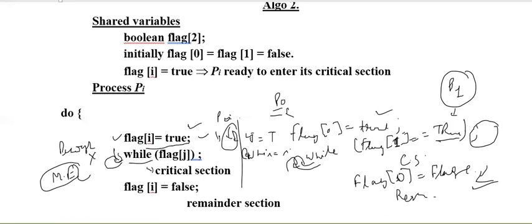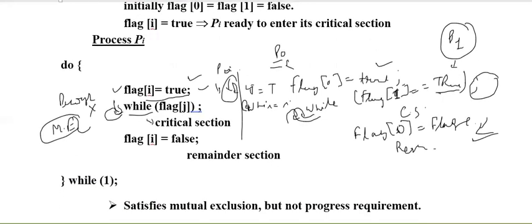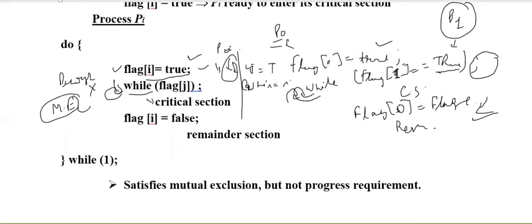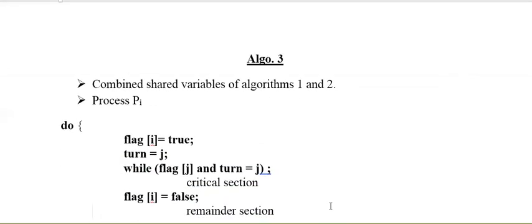So one major problem we have identified with this solution. Mutual exclusion, yes, once again we are satisfied, but progress is still not satisfied. So what can we do further? Let's move to the third aspect, and that is combining both aspects.